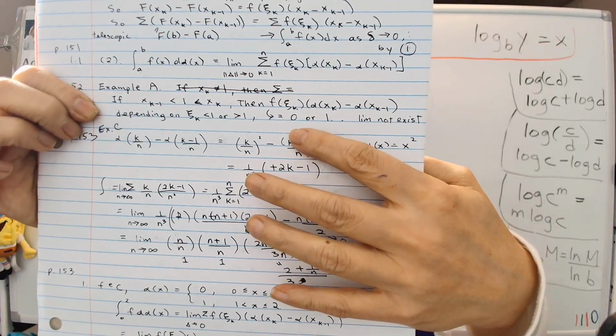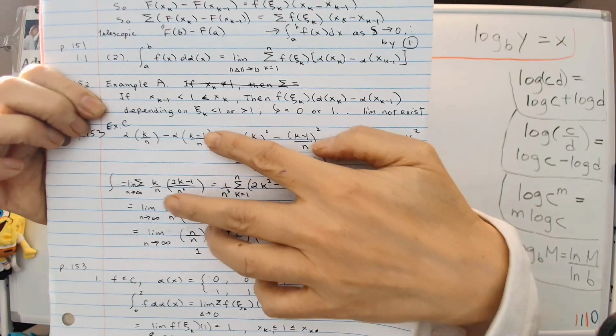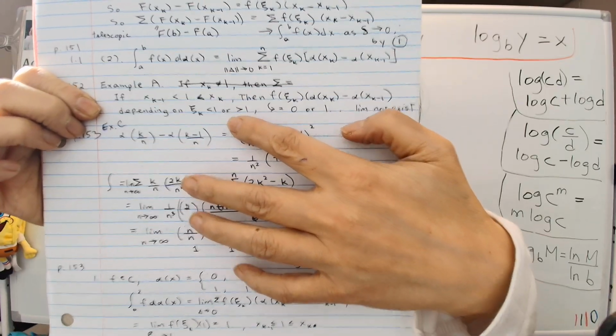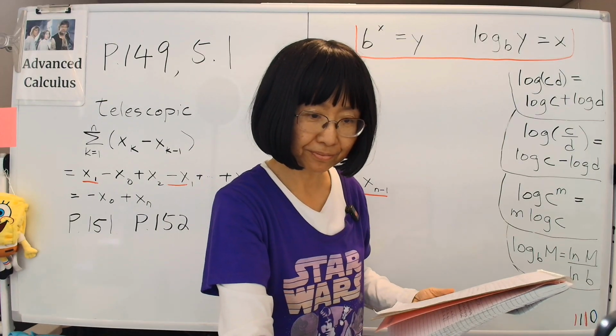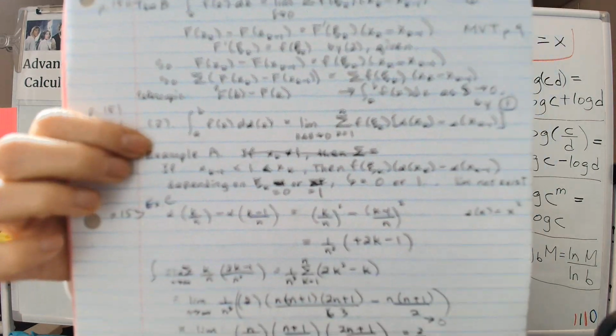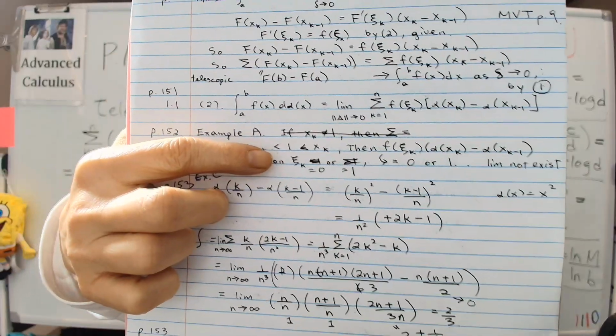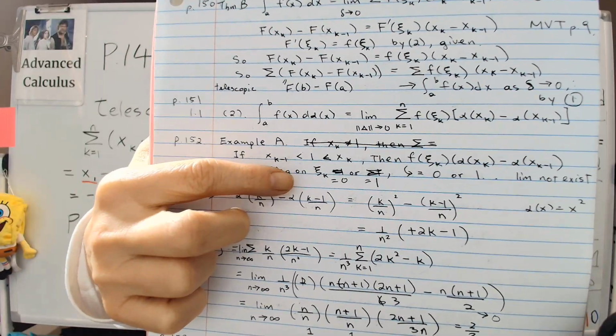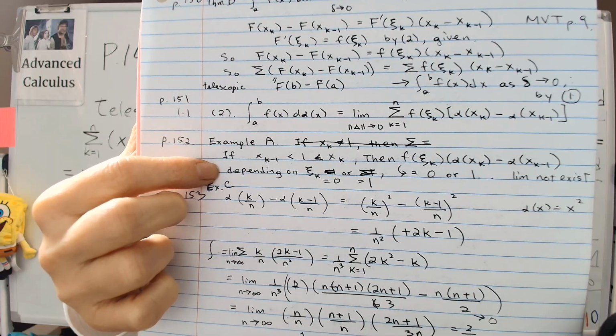And psi of k could be either... can it be bigger than 1? No, I mean equal to 1. Let me fix that. What I meant to write here is, depending on whether x_k is bigger than 1 or less than 1 or something, psi of k is either equal to 0 or 1, right?